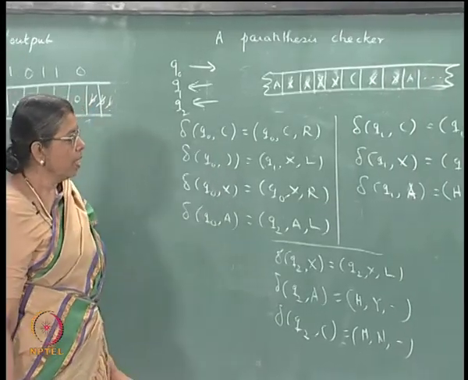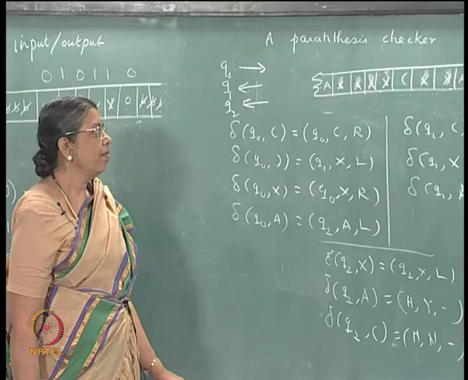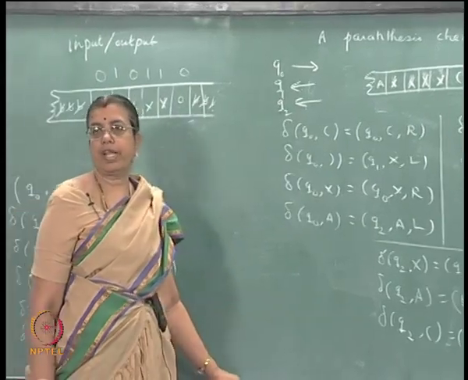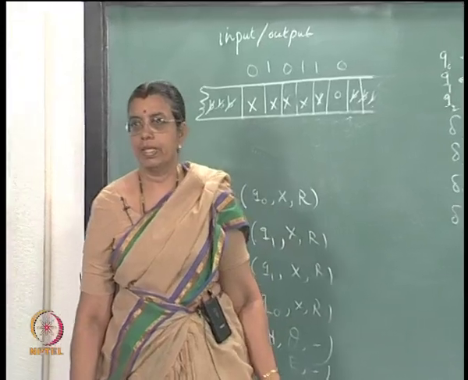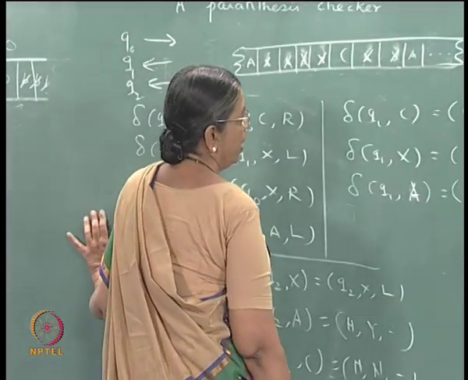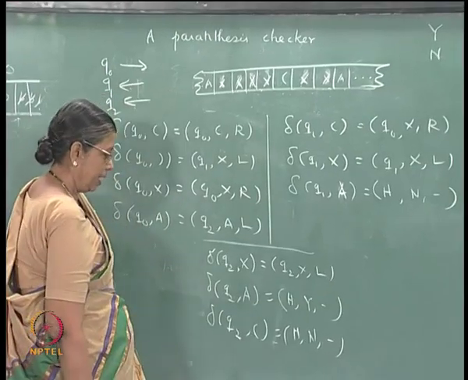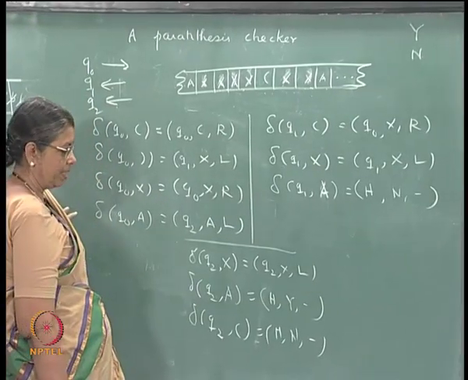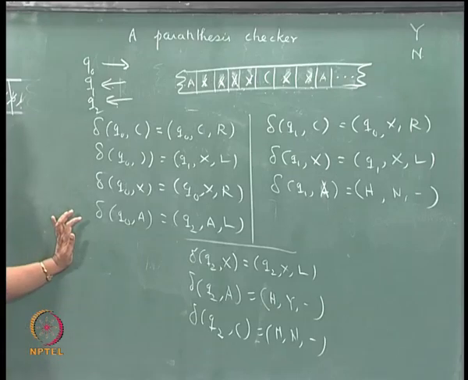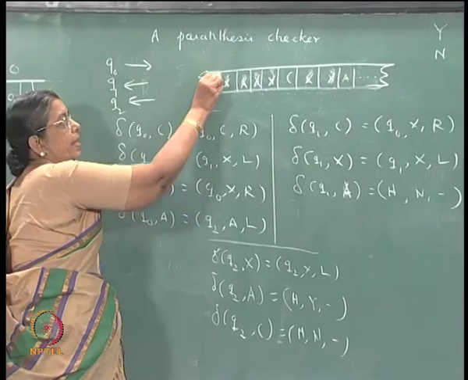So, this is the mapping for the Turing machine. This Turing machine finds out whether a given string of parentheses is well formed or not. If it is well formed, it prints a yes. If it is not well formed, it prints a no. But where is that printed? Yes will be printed here.